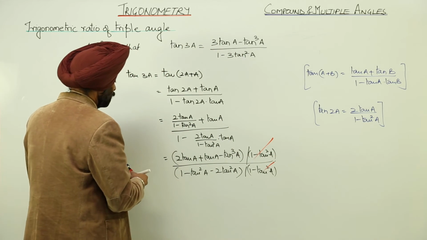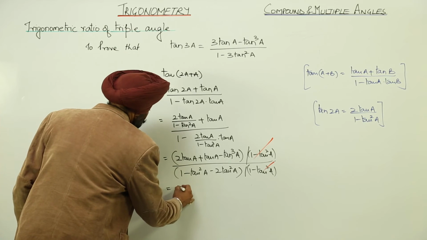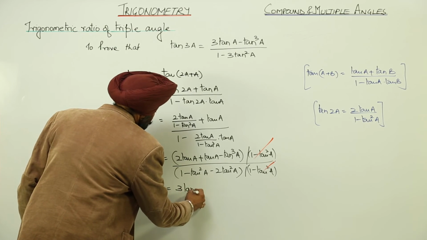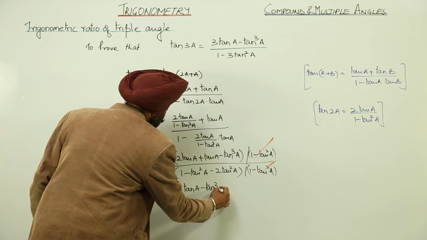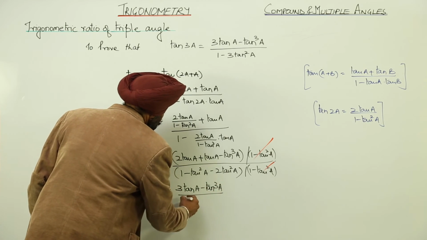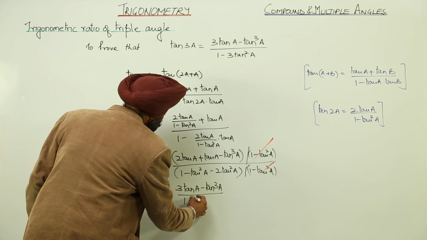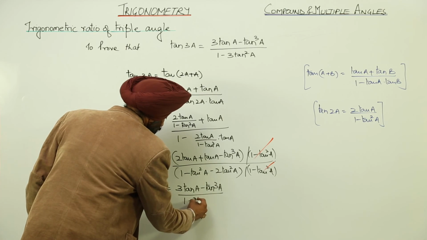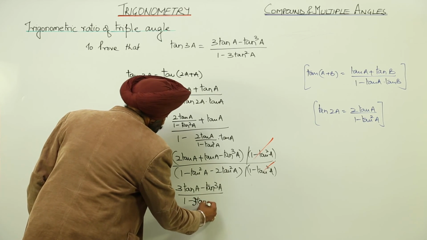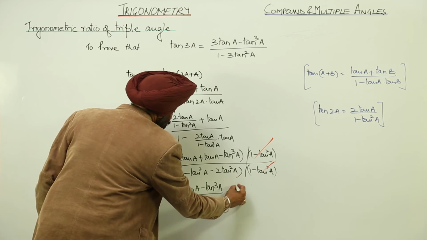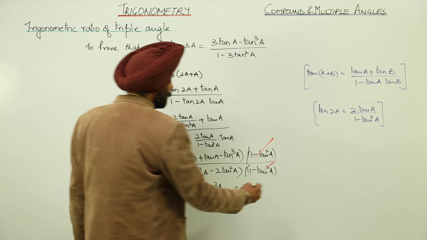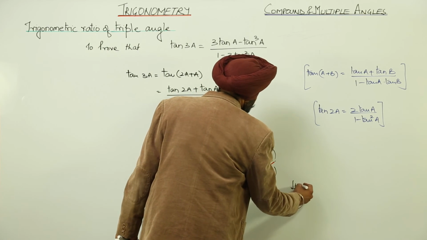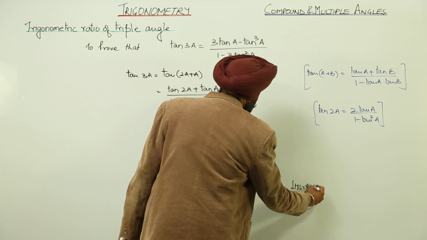We are left with 3 tan A minus tan cube A upon 1 minus 3 tan square A. This is equal to the right hand side. Okay. Now left hand side is equal to right hand side.